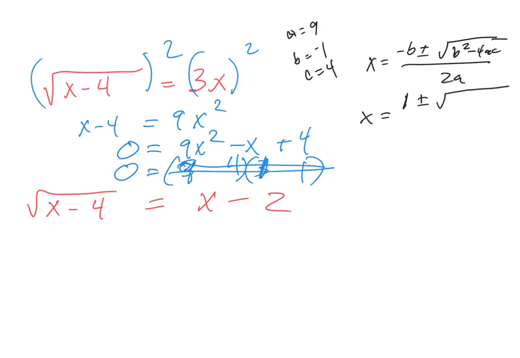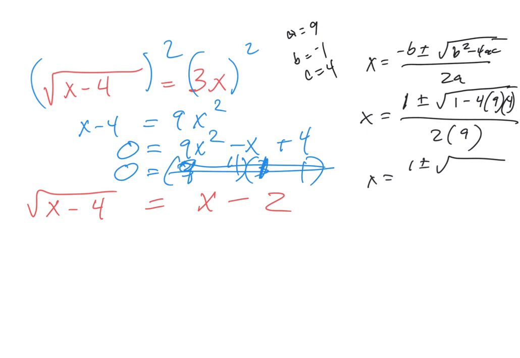The square root of b squared, so negative 1 squared is 1, minus 4 times 9 times 4, all over 2 times 9. x equals 1 plus or minus the square root of, let's see, 4 times 9 is 36 times 4.